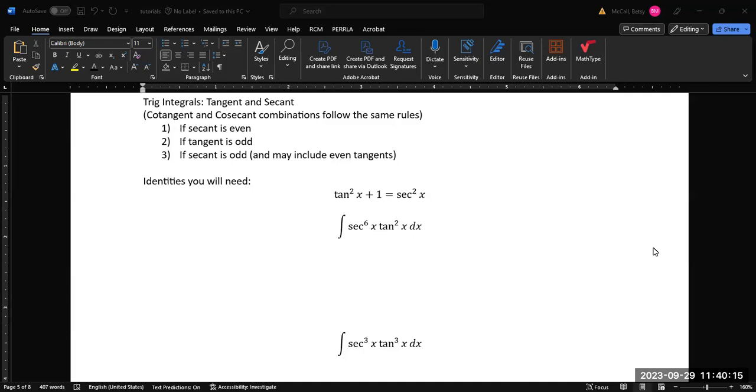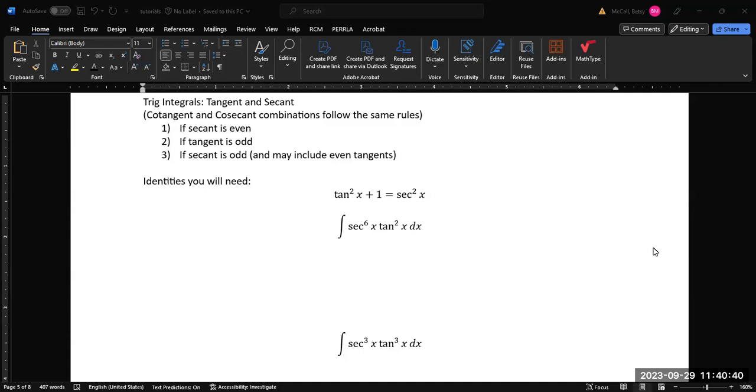If tangent is odd, then we're going to try to pull out a secant and a tangent. So that's the odd tangent. And if tangent was originally odd and we took one tangent away, the remaining tangents are now even, and we can convert those back to secants so that we have the secant derivative and then everything else is secants.